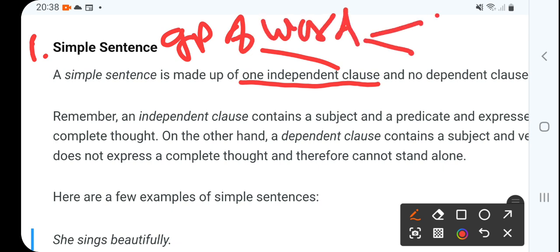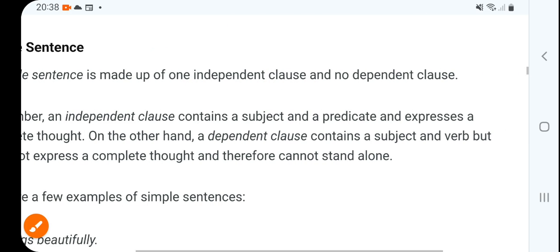And what is important in it? Subject and verb and a complete predicate. If subject and predicate are there, that is called an independent clause, right? Now, no dependent clause.